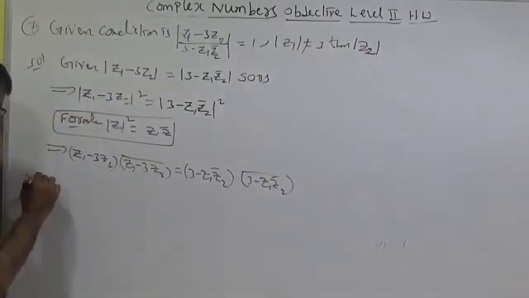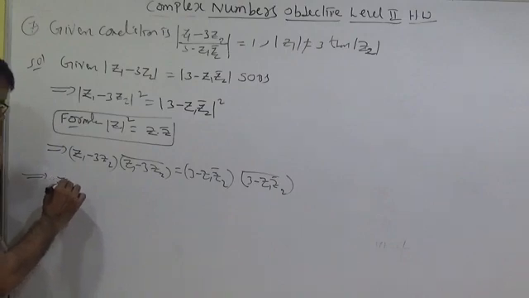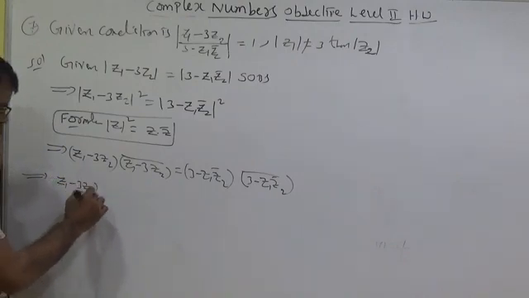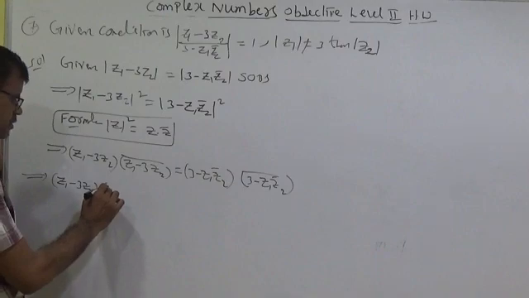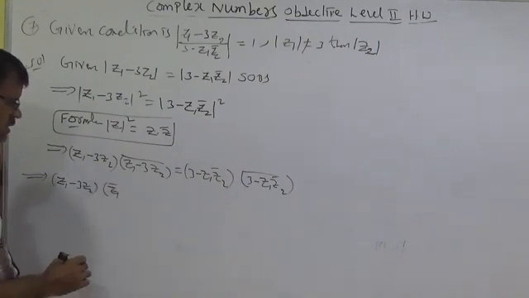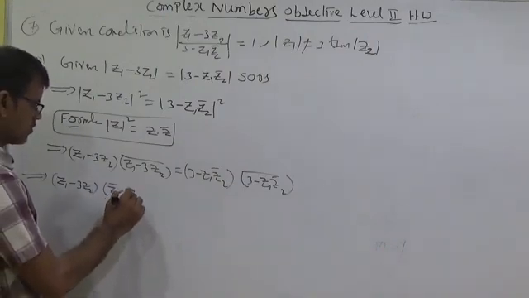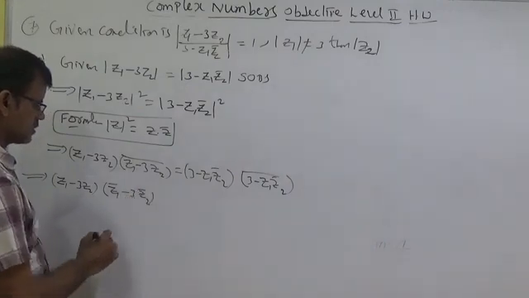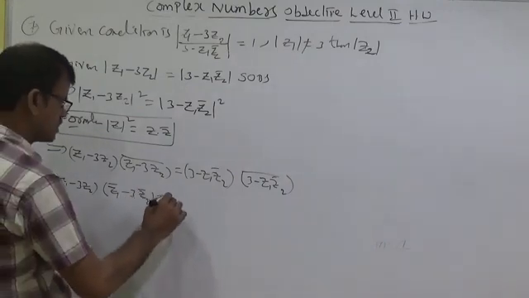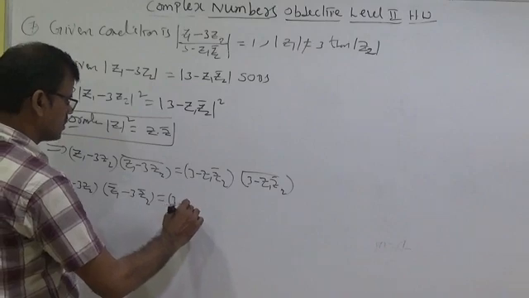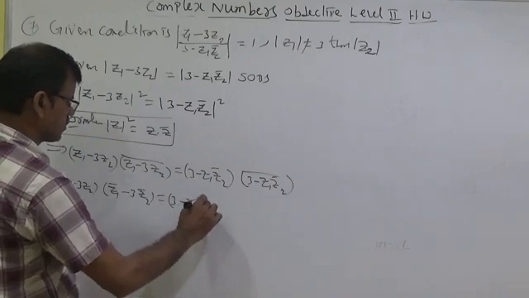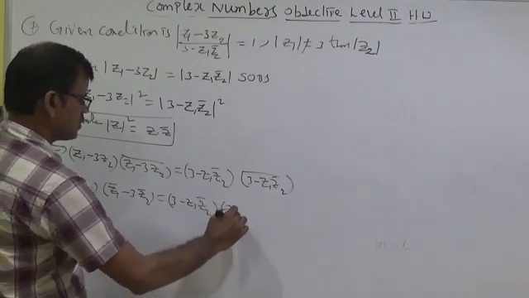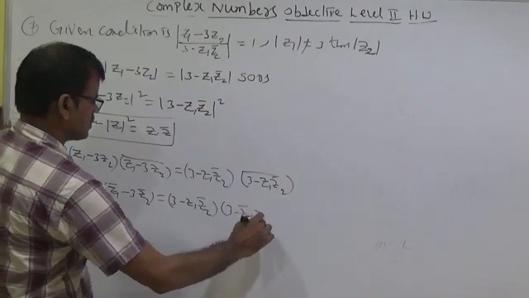That implies Z1 minus 3Z2 into Z1 bar minus 3Z2 bar is equal to 3 minus Z1 Z2 bar into 3 minus Z1 bar Z2.